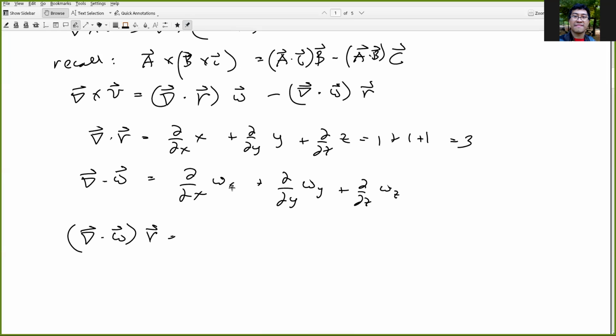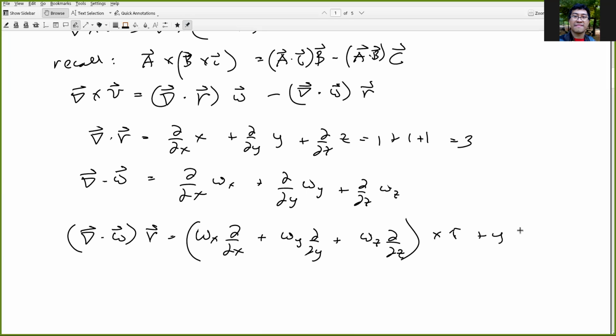They are unchanged if we take the derivative of this times r. So we can write this as omega x partial with respect to x, plus omega y partial with respect to y, plus omega z partial with respect to z, acting on x i hat, plus y j hat, plus z k hat.